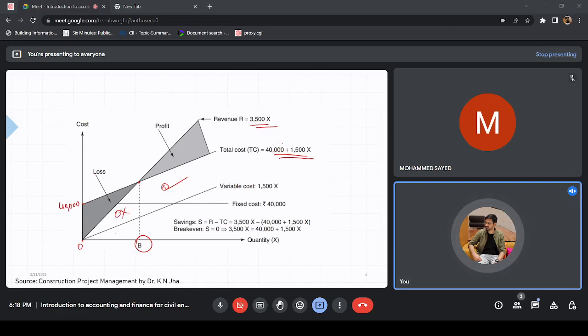In this case, you saw that total cost is 40,000 plus 1500x and revenue is 3500x. So if you were to calculate the profit, it would be R minus TC, and this would be an equation in terms of x.